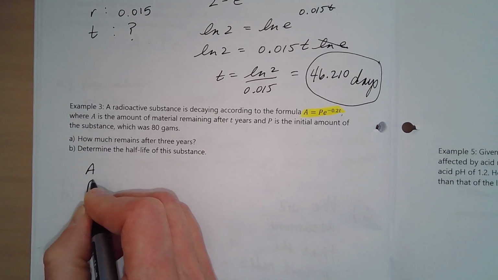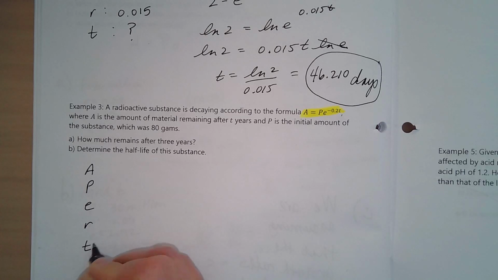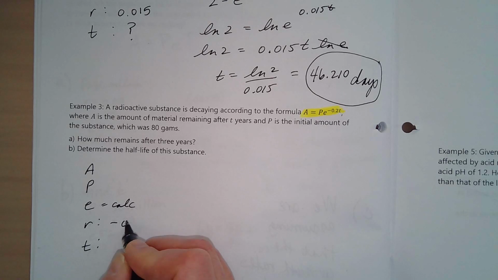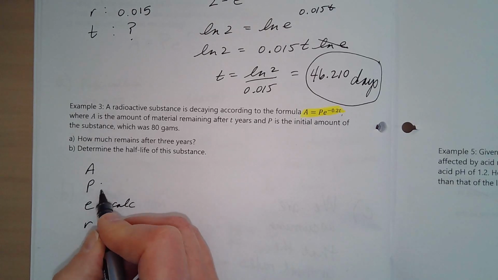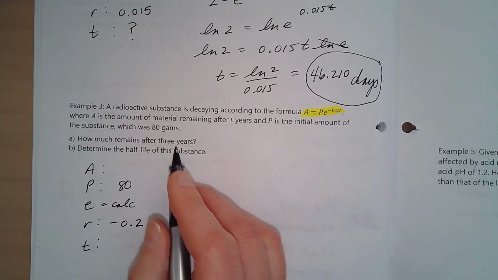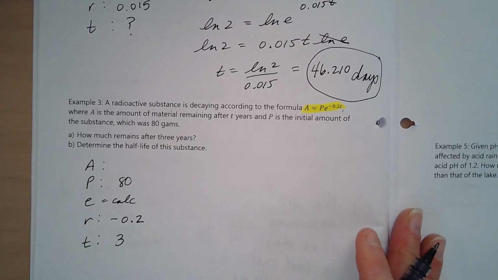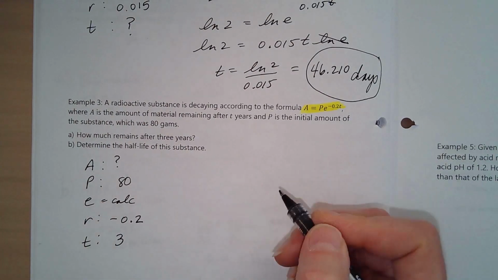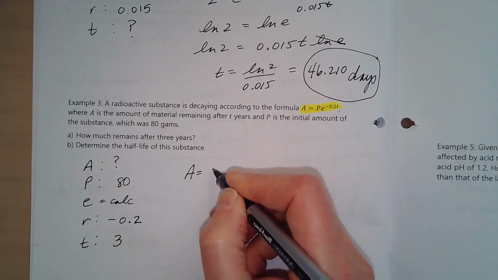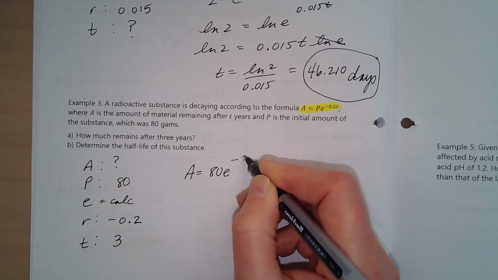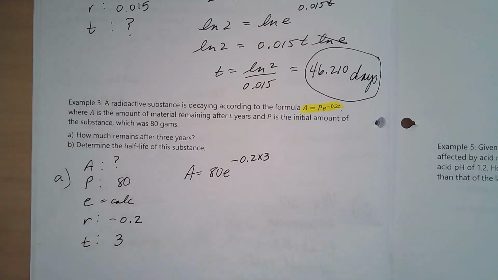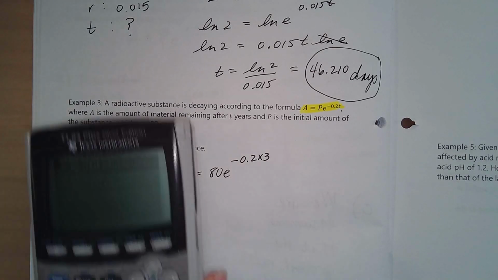Okay, so I've got A, P, E, R, and T. E is in my calculator, right? R is negative 0.2, that was given. Initial amount is 80. 3 is years, and this time it is in years, so I'm finding A. That's the easiest one to find, because the formula is all set up to find A. So that's really straightforward, just knowing how to put a negative exponent in your calculator.